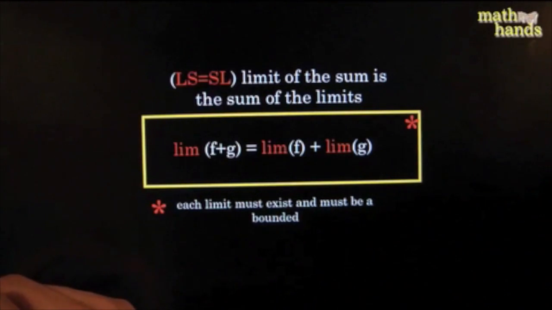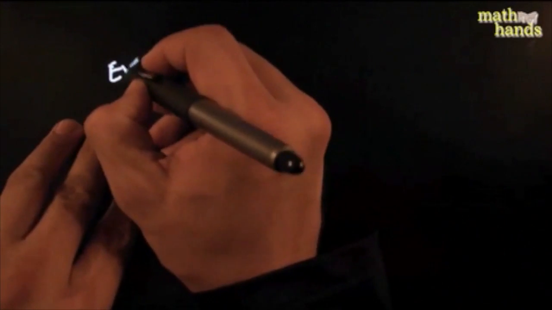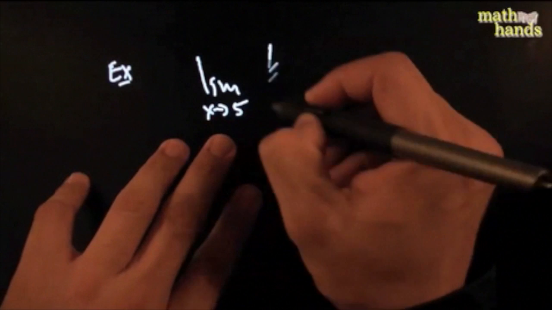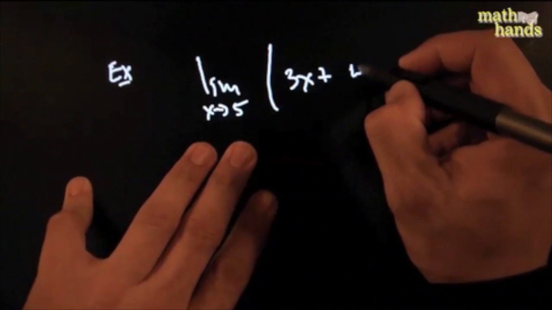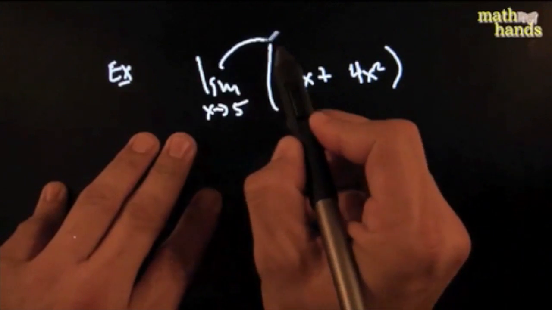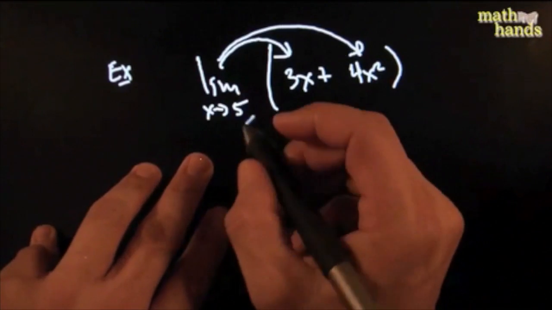Let's clone this page and then let's clear it. So for example, here's a famous example. Suppose you take the limit as x goes to 5 of 3x plus 4x squared. What that means is that I could take this limit and distribute it in there and break it up into two smaller problems per se.